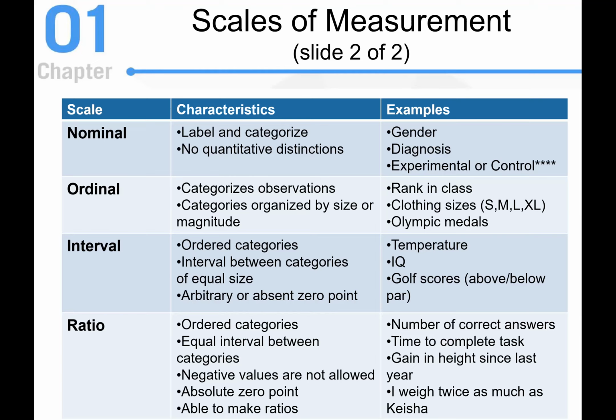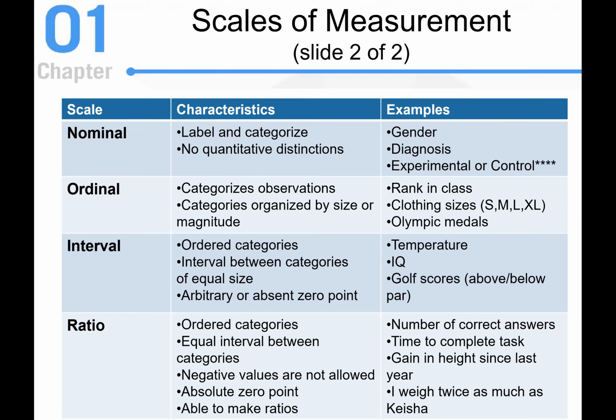The thing is that if we just have that information, if we just have small, medium, large, extra large, we don't know how much bigger medium is in comparison to small. We don't know how much smaller large is in comparison to extra large. All we know is that one is bigger and smaller than the other.